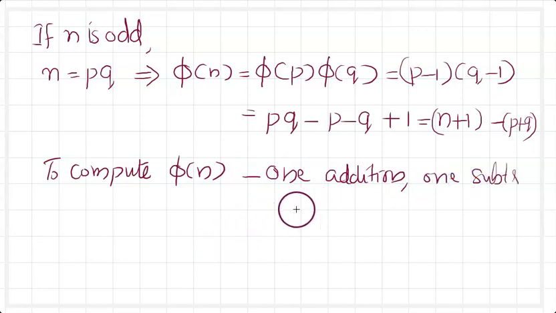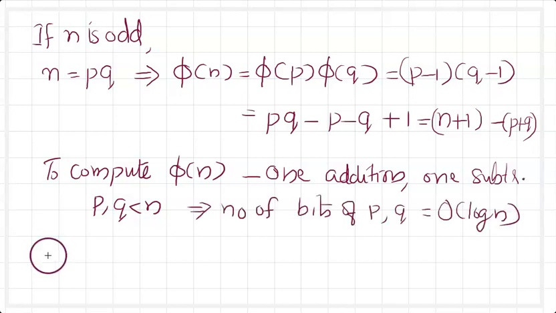Since p and q are both less than n, the number of bits of p and the number of bits of q will be big O of log n. So the number of bit operations required for addition will be the maximum of the number of bits of p and the number of bits of q, which will be equal to big O of log n.